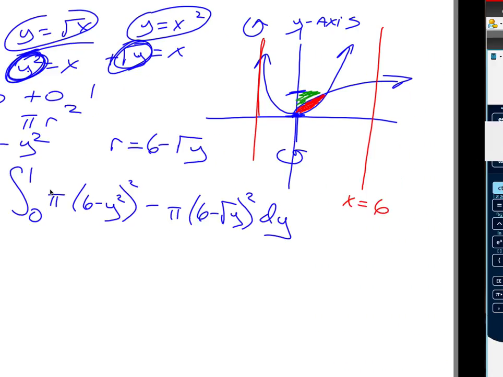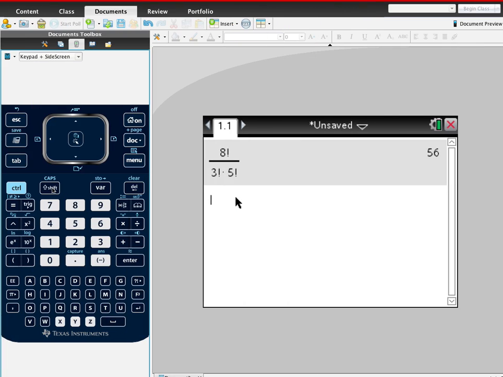Alright, so how do I get the integral again? Shift plus, we're going from 0 to 1. And actually, let's go ahead and go out front. What can I put out front? Pi. Let's put the pi out front. That way I only have to write it once.